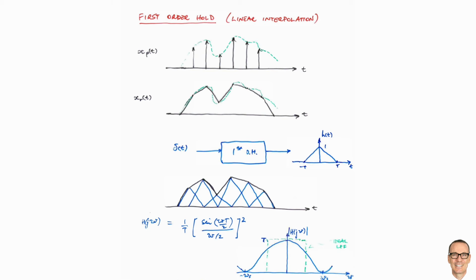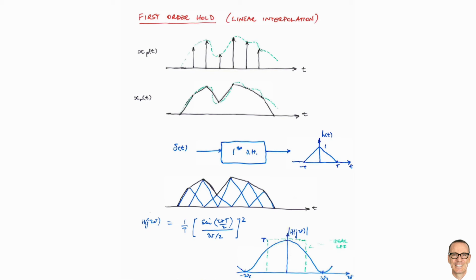And this shows a more advanced version of practical reconstruction compared to the zero-order hold. This is the first-order hold, and this is a linear interpolation between the sample points. So instead of going to the height of the delta function and holding it there as a constant, which was what happened for zero-order hold, now this is a way of interpolating between the delta function heights.